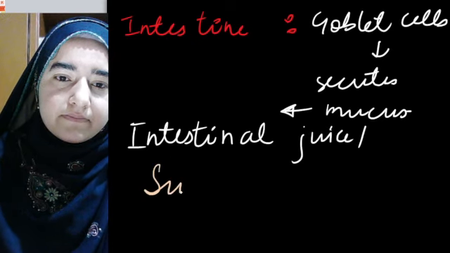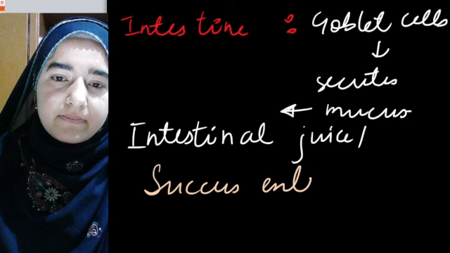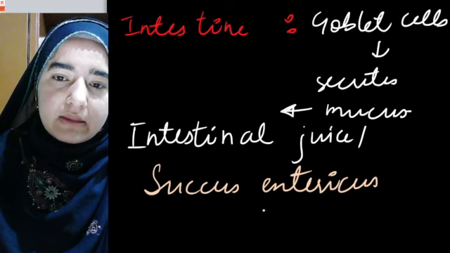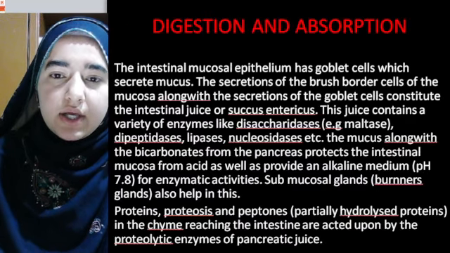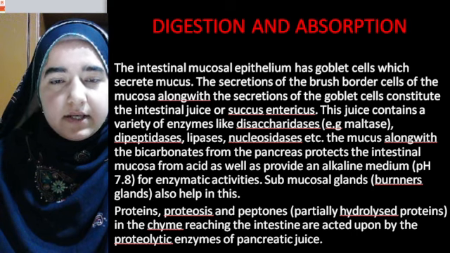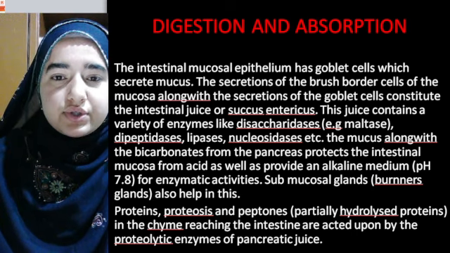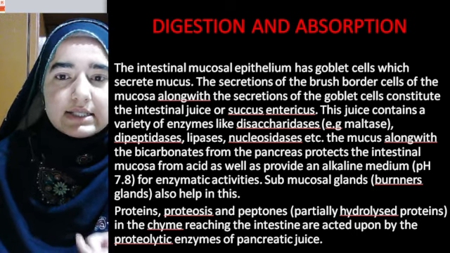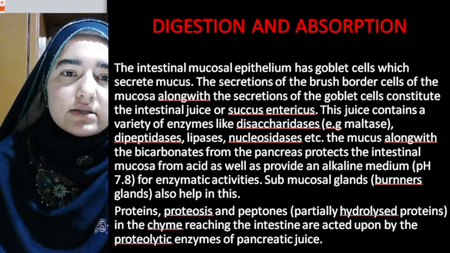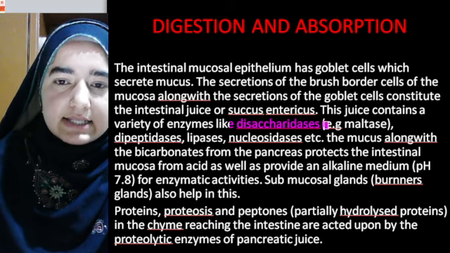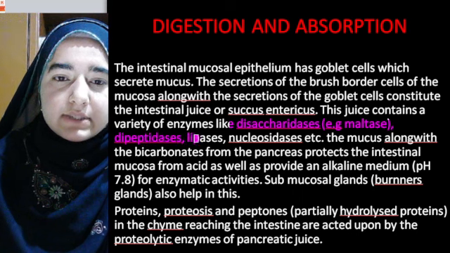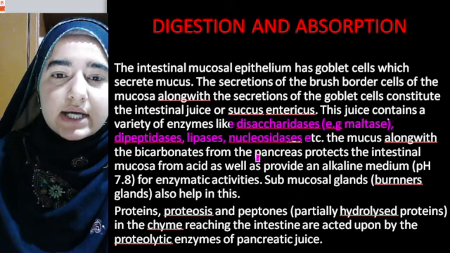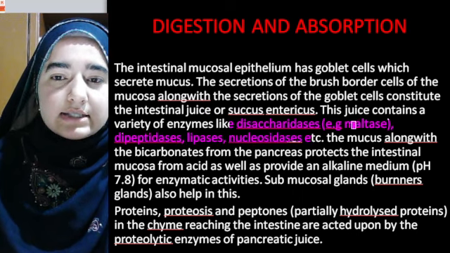Please remember the other name of intestinal juice: succus entericus. I hope this concept is clear. This succus entericus contains a lot of enzymes like disaccharidases, maltase, dipeptidases, lipases, and nucleosidases.